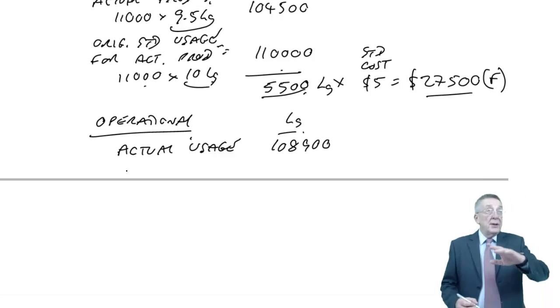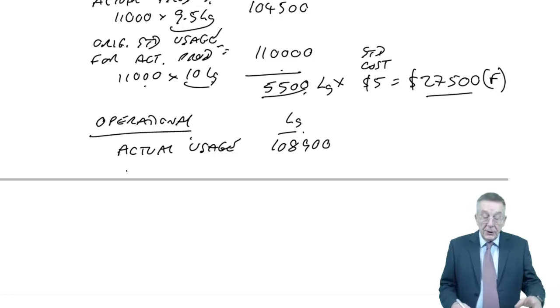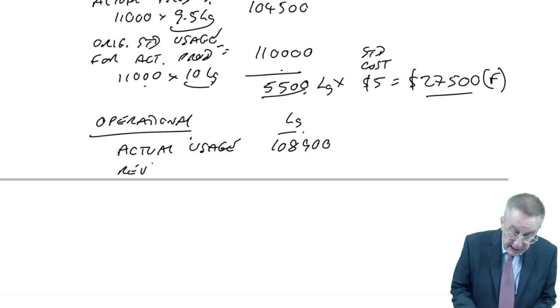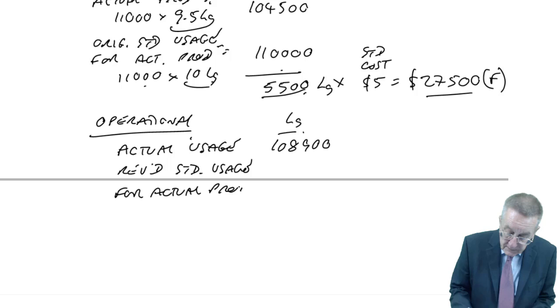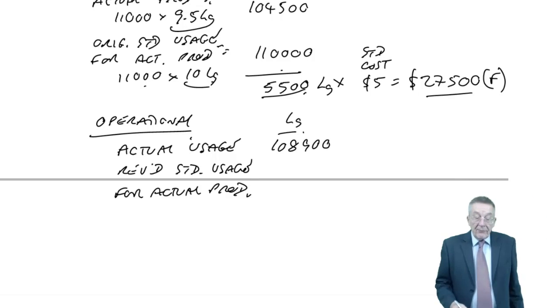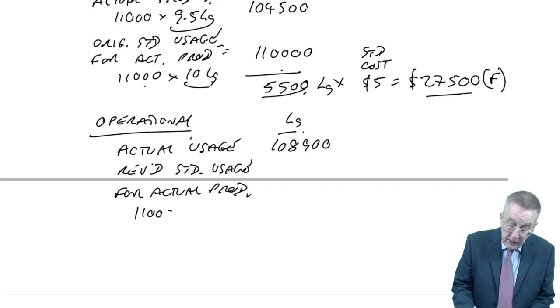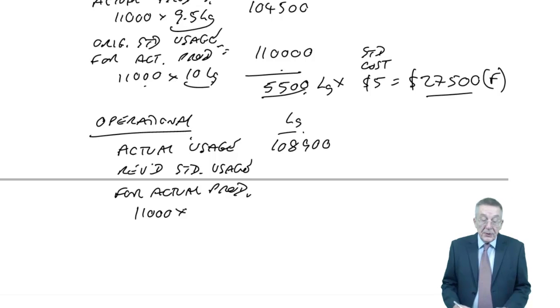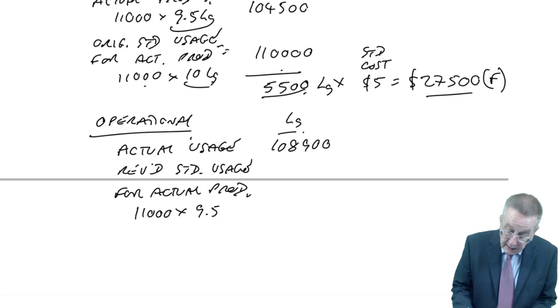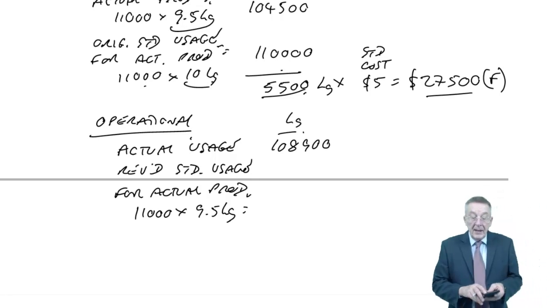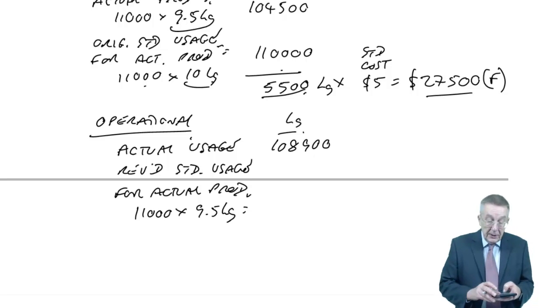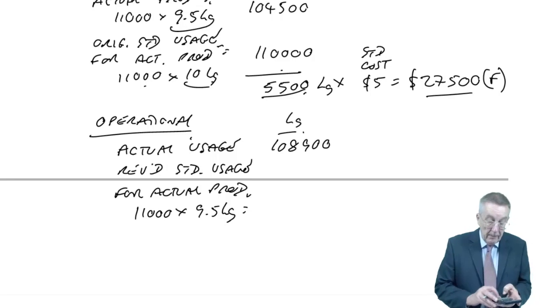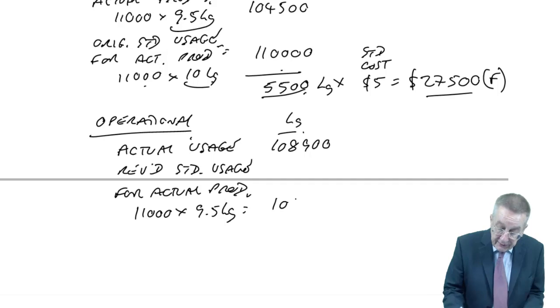But instead of comparing now with the original standard usage, we compare with the revised standard usage. As always for the actual production. So we produced 11,000. The revised standard usage, we should have been using 9.5 kilos per unit. So we're now expecting to use 104,500.